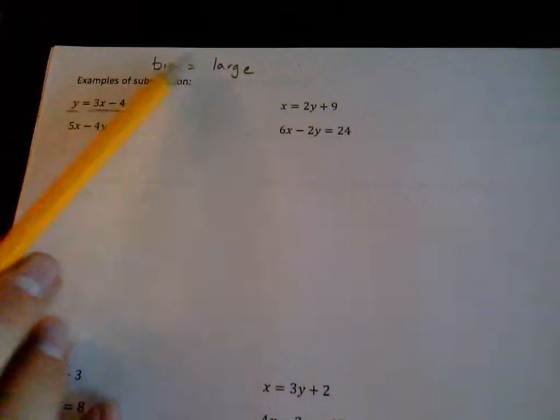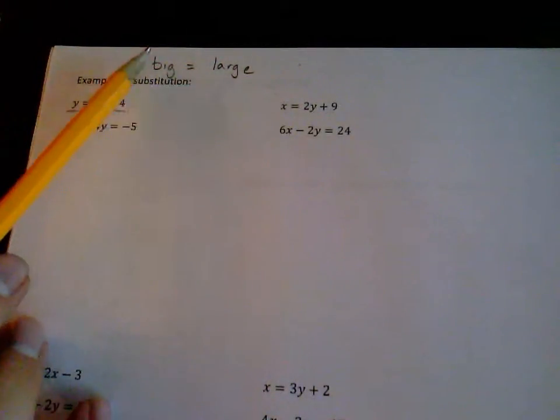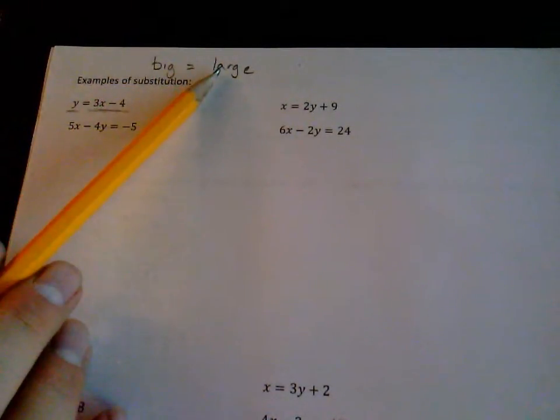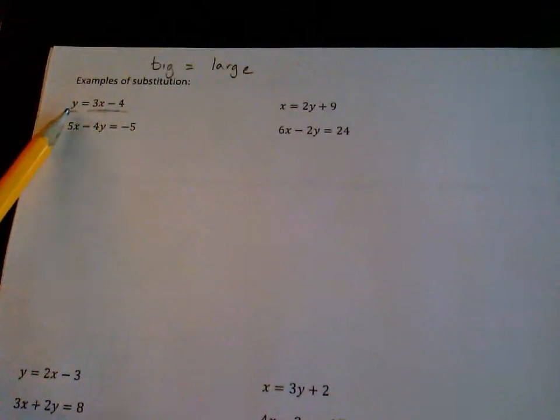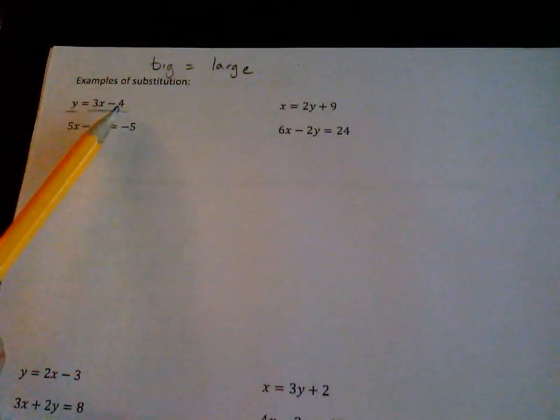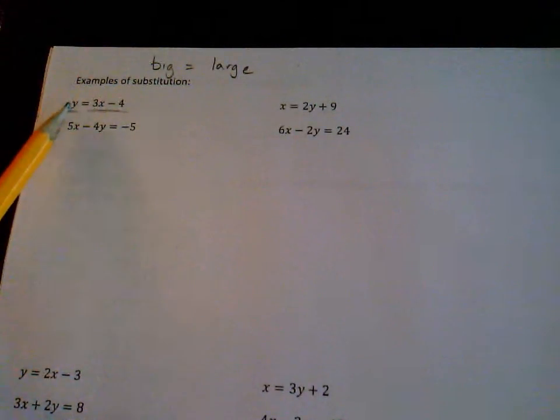These two words are interchangeable, meaning that I can replace one with the other. Just like here, y is interchangeable with 3x minus 4. Meaning if I see a y in another equation, like this one right here, I could replace it with 3x minus 4. So that's exactly what I'm going to do.